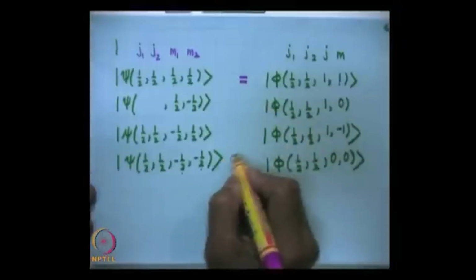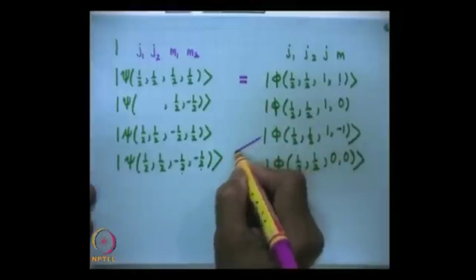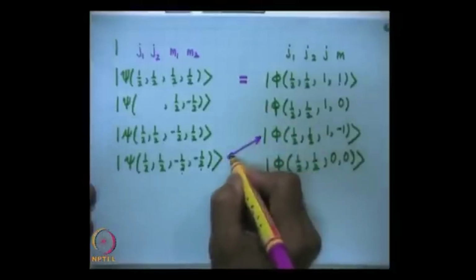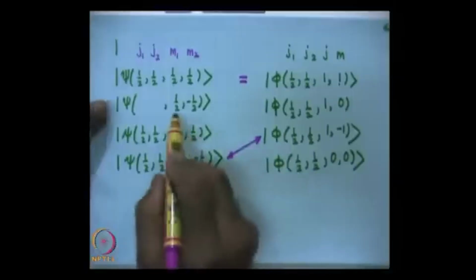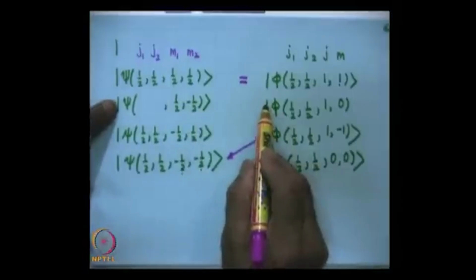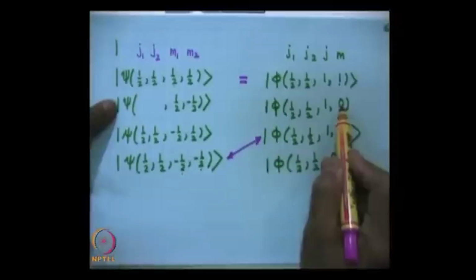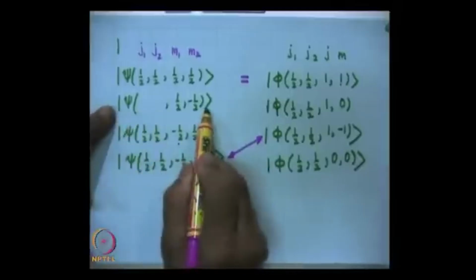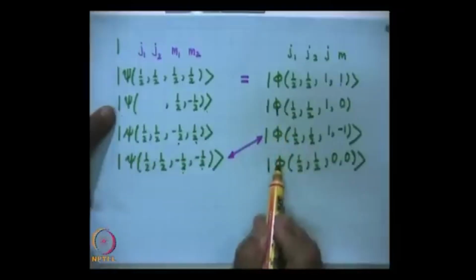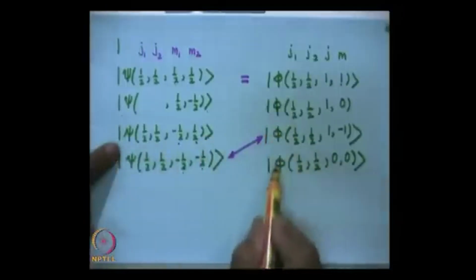So, this must be equal to this, this must be equal to this, and this must be a linear combination of this and this, because m is 0 and here also m is 0, because m1 plus m2 is 0. So, this function must be a linear combination of these two and this function must be a linear combination of these two.